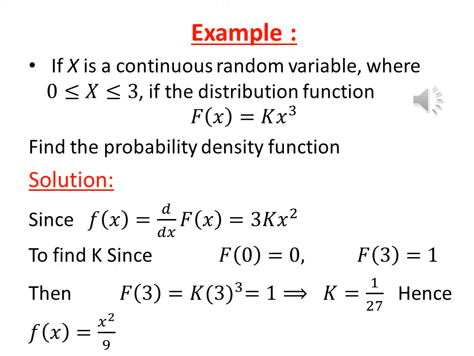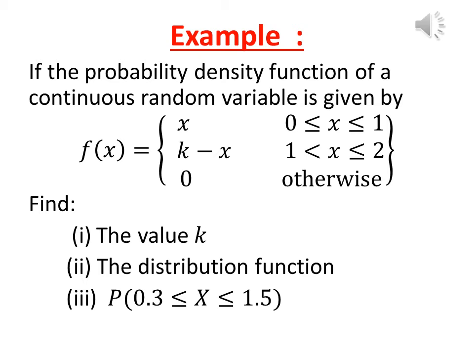It's 3, defined till 3. So F of 3, substituting x equals 3 in 3kx power 2, we get k equal to 1 over 27. So small f of x, the density function, equals x power 2 over 9.